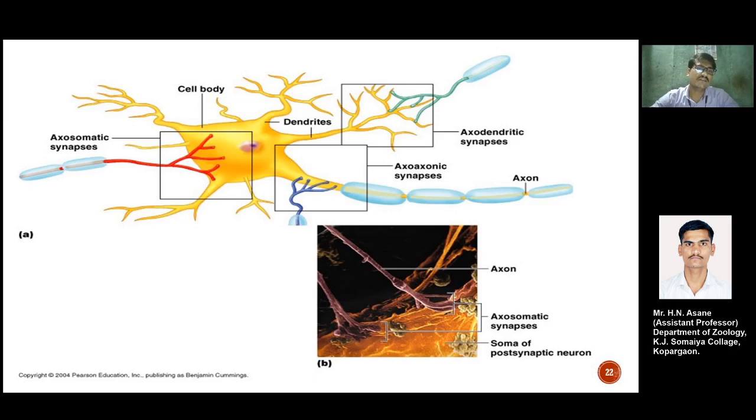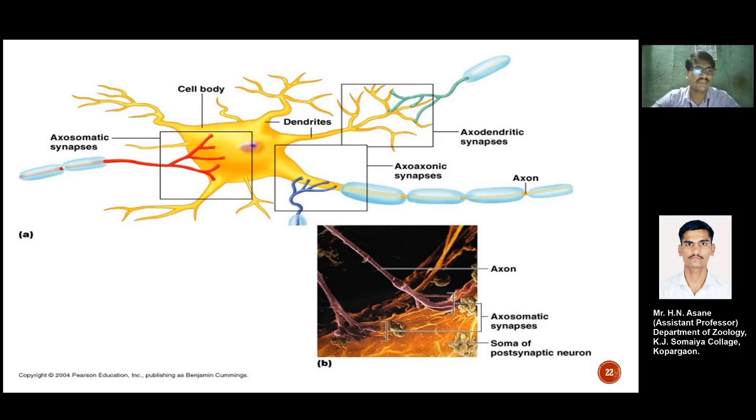In red is the axosomatic synapse, which means the axon ending of one neuron passes the signal to the cell body of another neuron.